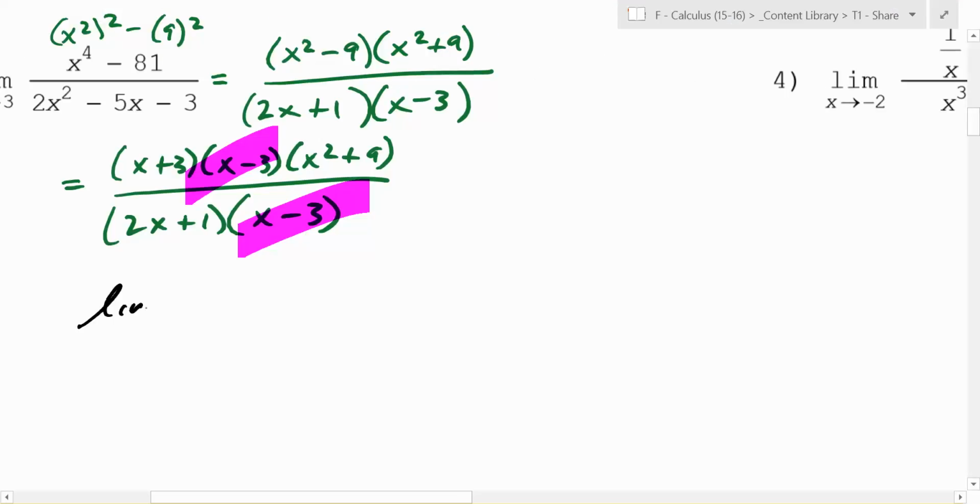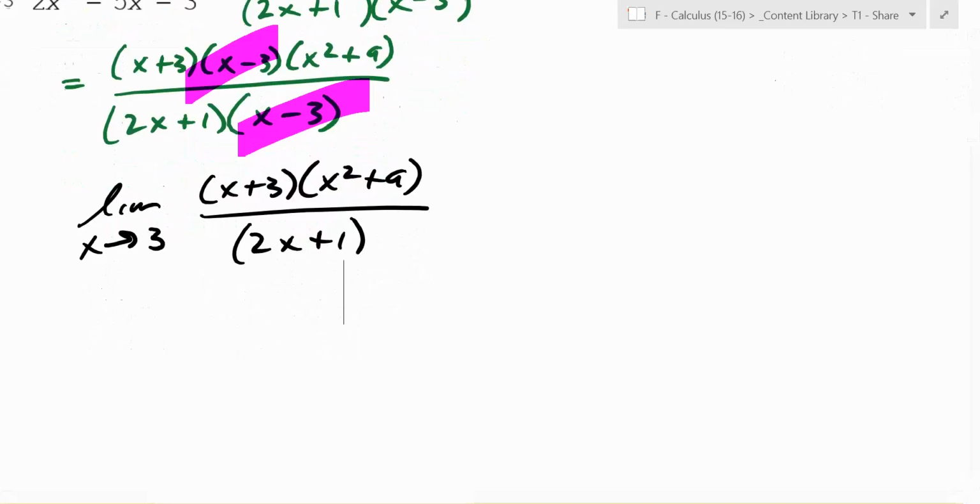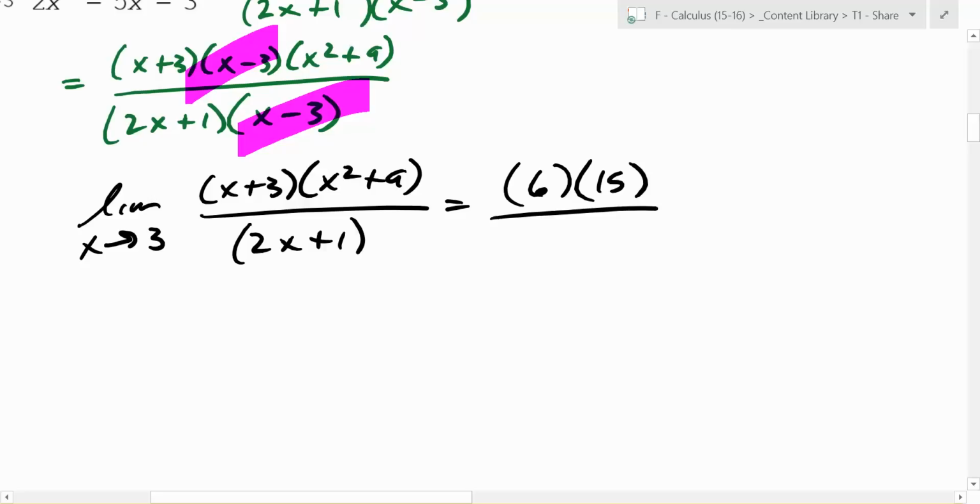You have the limit as x goes to 3 of (x plus 3)(x squared plus 9) all over 2x plus 1. Now can you plug in 3? Yeah, that's going to be 6 times 18 all over what? 7. So 108 over 7.